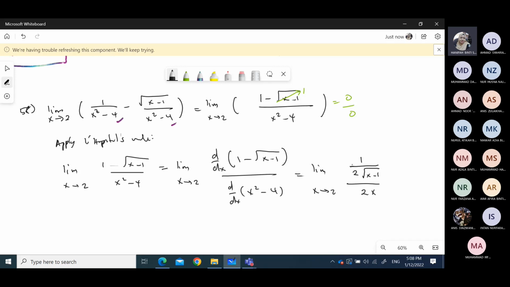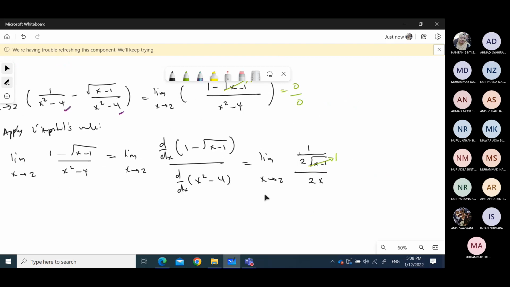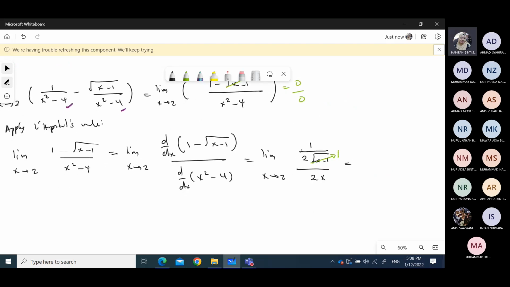Alright, so now find the limit. 1 over 2 times square root of x minus 1, where x is 2. 2 minus 1 is 1, so square root of 1 is 1. Alright, so what answer do you get? Equivalent with 1 over 2 over 2 over 4.